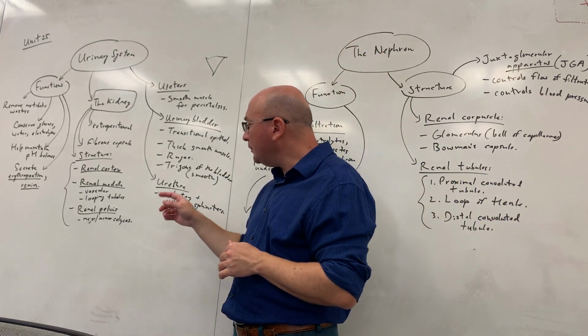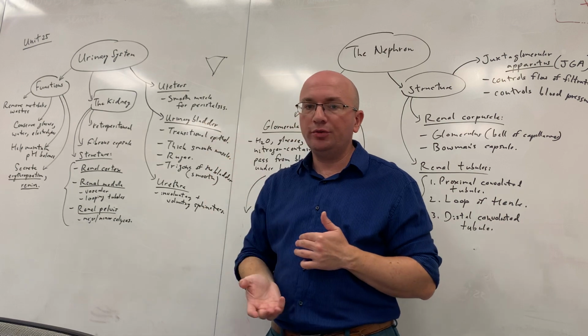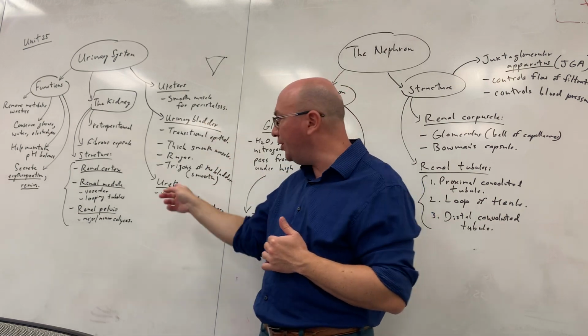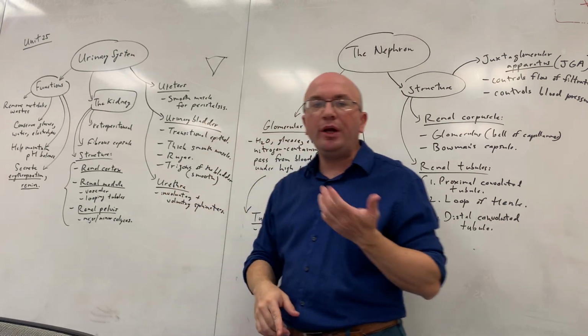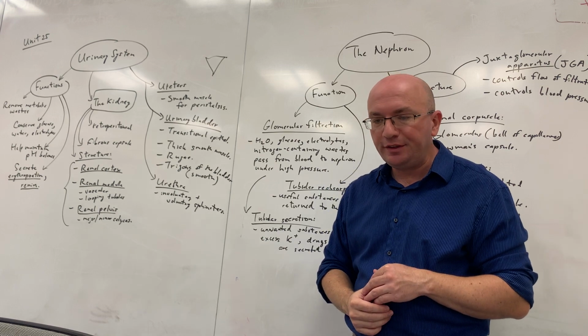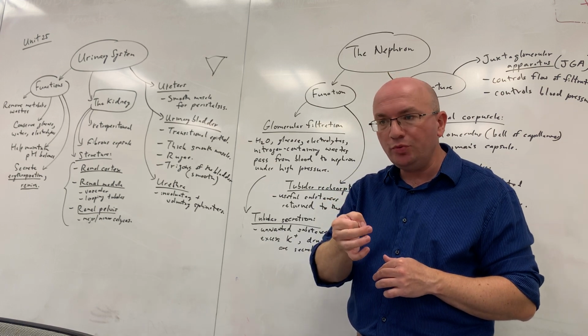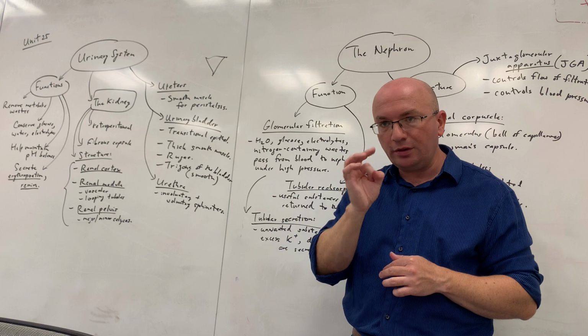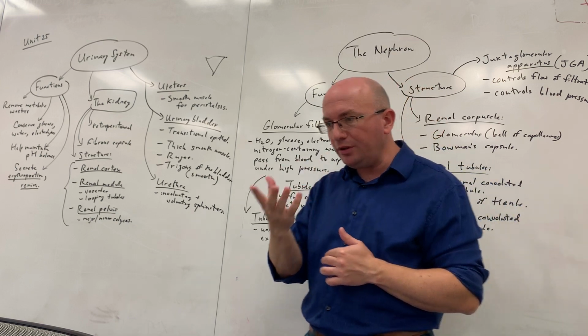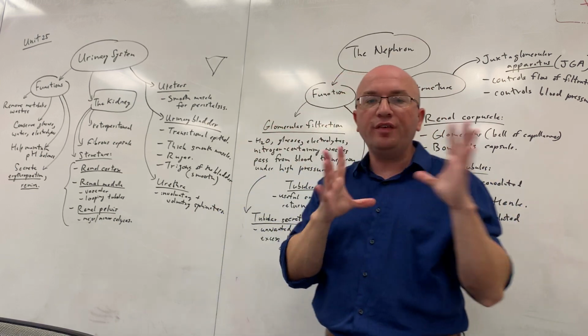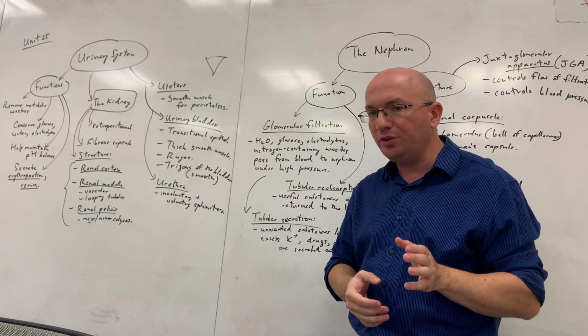And then once you're ready to empty out the bladder, the urethra comes into play here, and we have voluntary and involuntary sphincters in the urethra, these smooth circular muscles that can open, whether voluntarily or involuntarily, and they will release the urine.